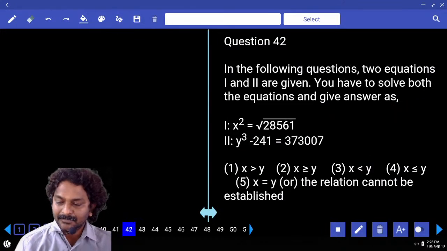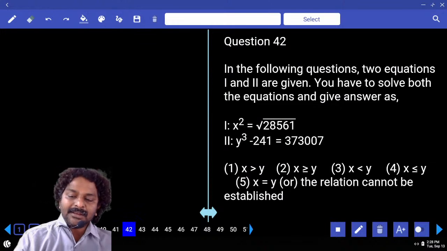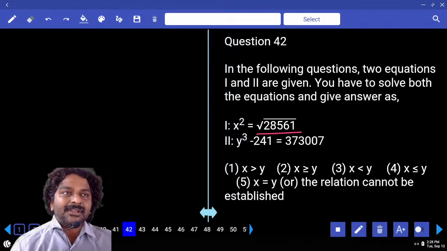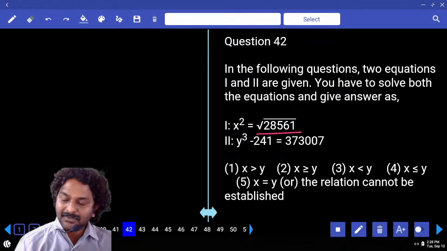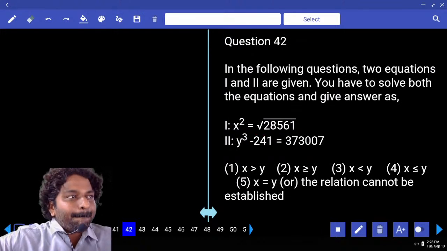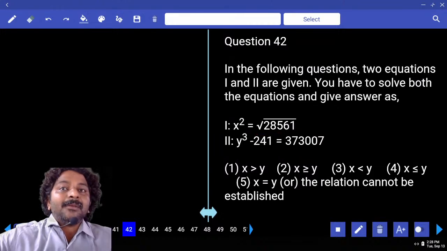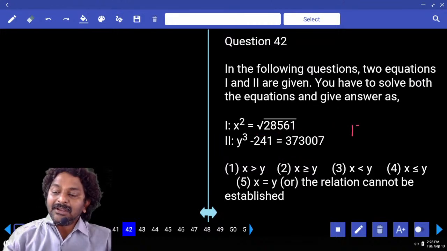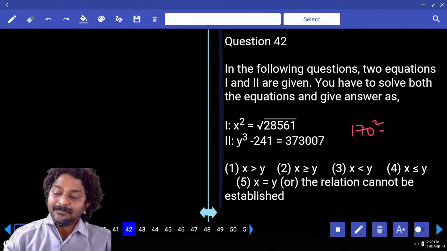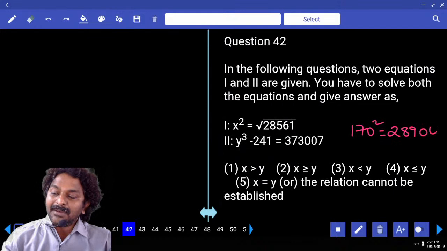Okay. Right. First of all, we have to calculate under root of 285 and then 1. What is 17 square? 1. Then what is 170 square? 289 double 0.